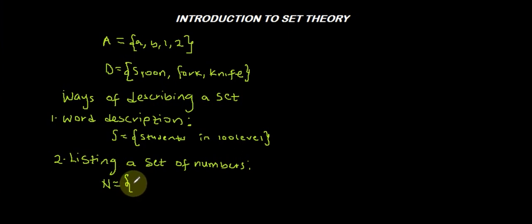N is representing a set of numbers. So we have 1, 3, 5, 7, 9, dot dot dot, meaning they continue. So this is a set of numbers. You are listing, you are being specific. And the fact that it's a set of numbers does not mean listing only applies to numbers, like the first example I gave here on set D.